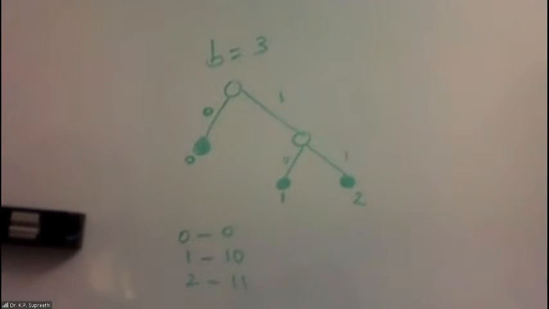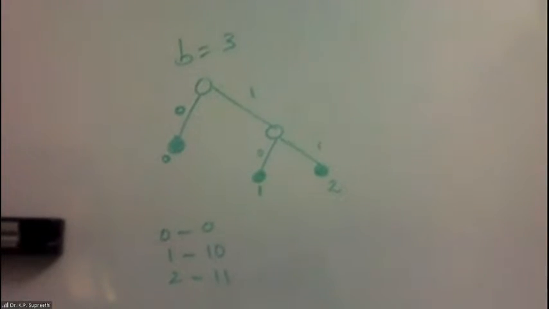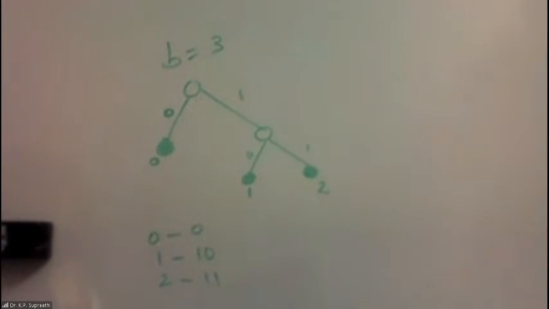For B is equal to 3, I've given the tree to you. So is it clear to you now?